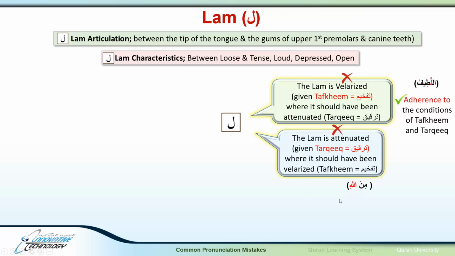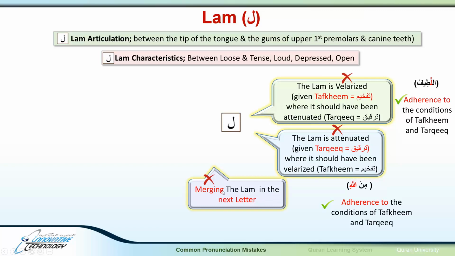So the right way of pronouncing this is من الله, Allah with a heavy lam. The thin one is wrong. So we have to adhere again to the conditions of tafkhim and tarqiq. There are situations where there is tafkhim and situations where there is tarqiq. There is a special lesson that explains when to perform tafkhim or tarqiq for the lam.